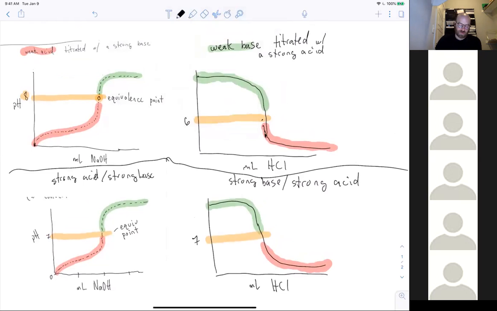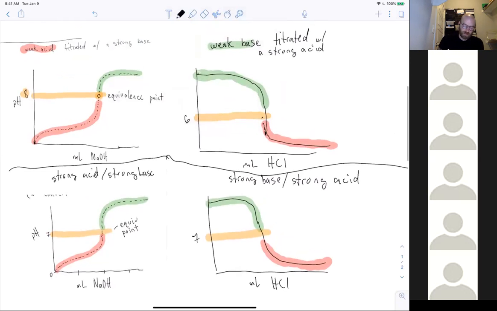The other kind of interesting point on the titration curve, especially for weak acid, weak base, is these half equivalence points.